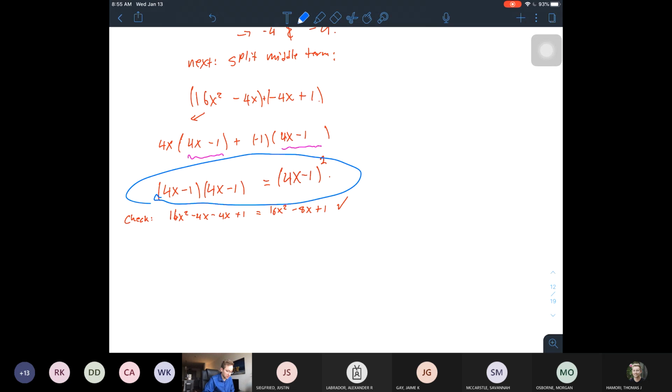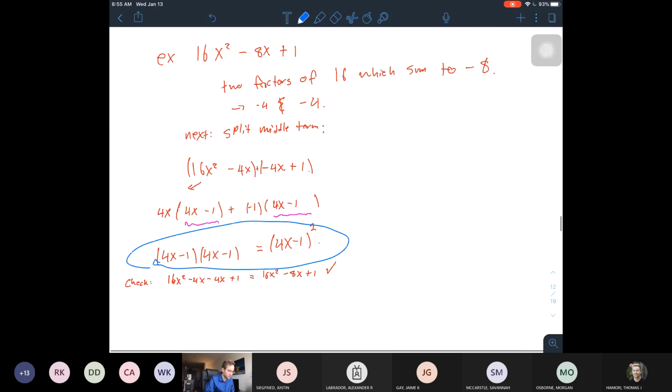The one on the right is a little bit easier on the eyes, but they both say the exact same thing. So thank you for that question. Are there any other questions about how we do this grouping process for factoring?